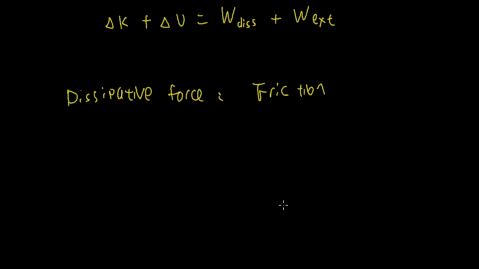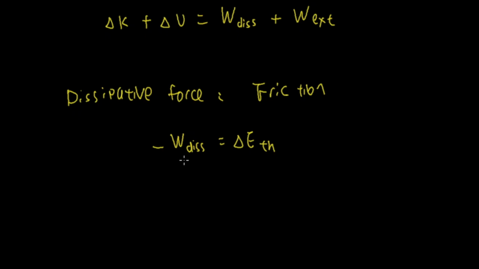Because friction always acts in the opposite direction, right? We can write that the negative work done by the dissipative force is equal to the change in thermal energy. So the dissipative force, friction, can cause the object and the surface to generate heat, which is thermal energy.